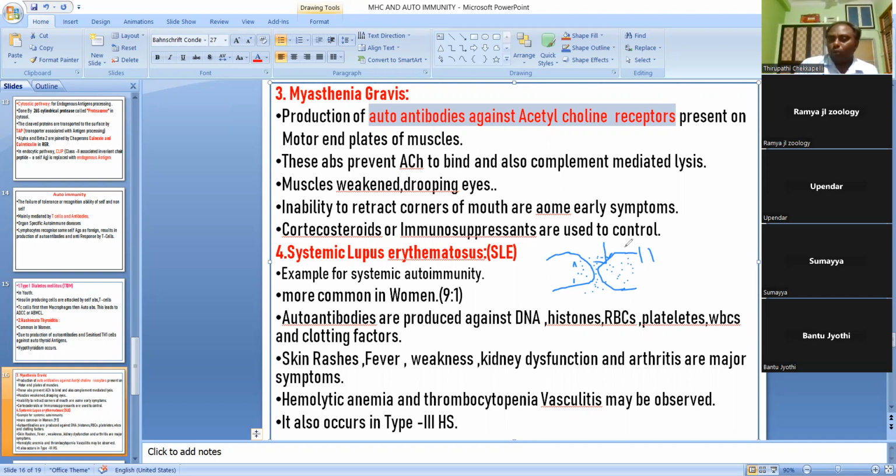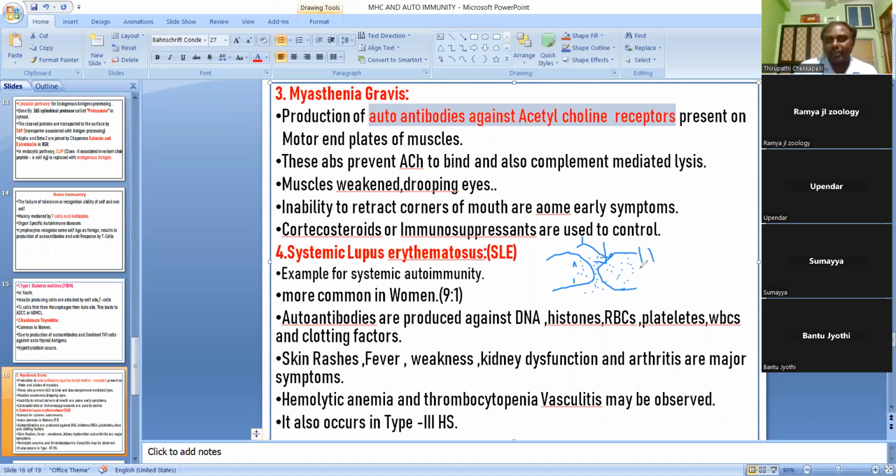So now the immunity comes into the picture. It identifies this altered receptor, which is a protein, as a foreign antigen. So antibodies are produced against these receptors. So that stimulates or suppresses the postsynaptic nerve.